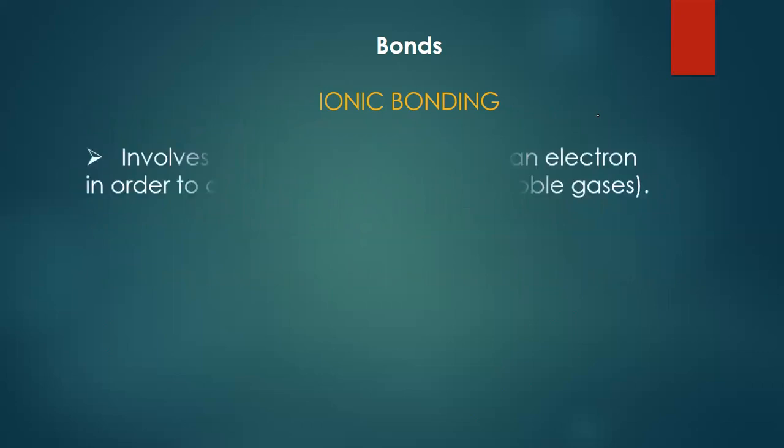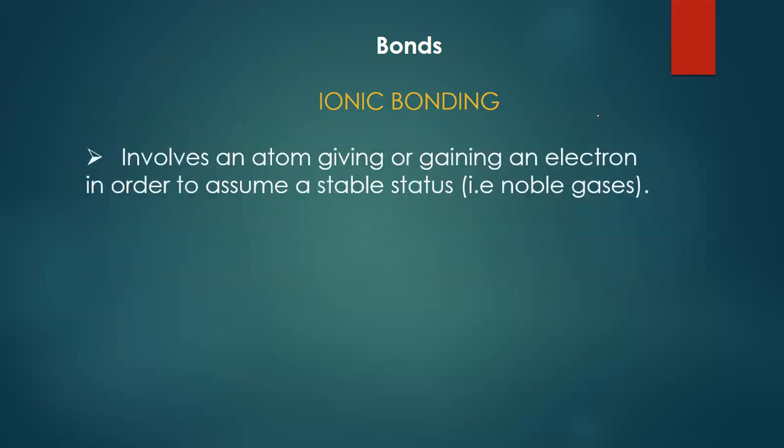Okay, so we have ionic bonding. Ionic bonding simply involves an atom giving or gaining an electron in order to assume a stable status.